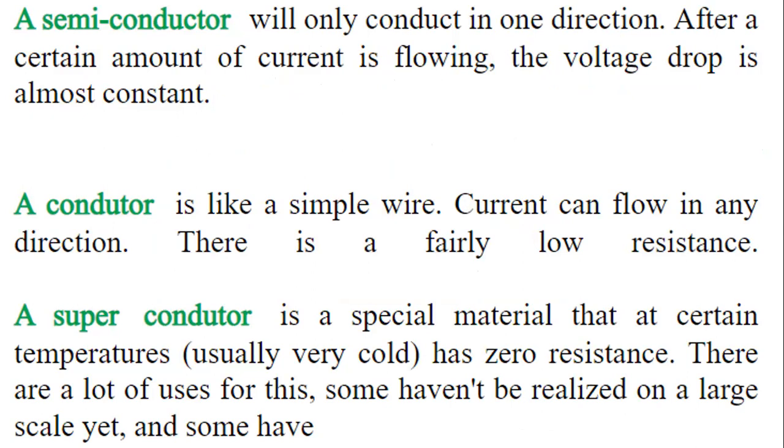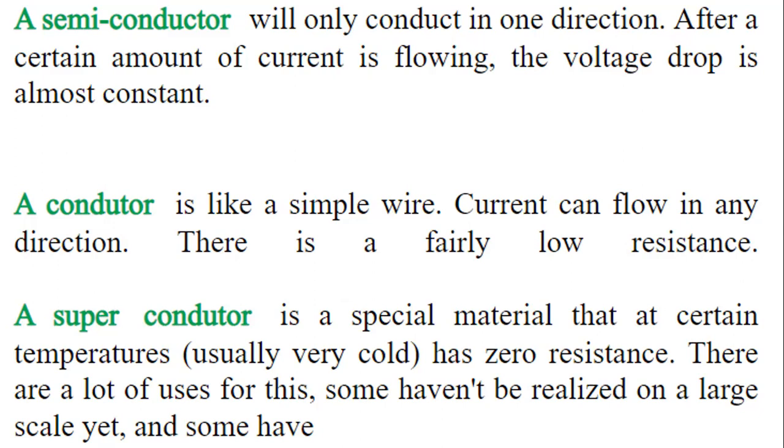When some amount of current is flowing, the voltage drop will be almost constant. As we compare with the conductor, a conductor is a simple wire in which current flows in any direction, either horizontally or vertically, anywhere inside the circuit.